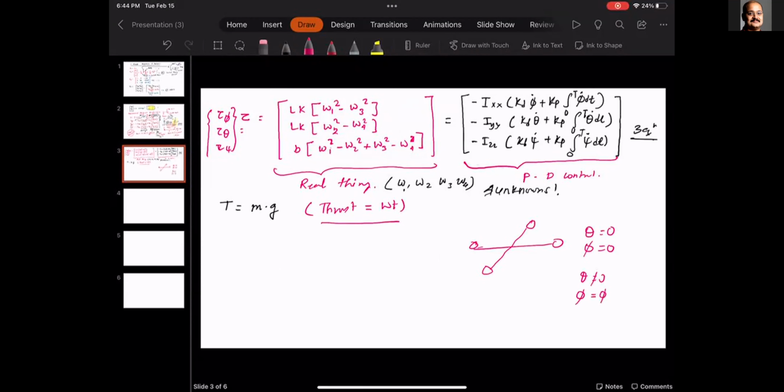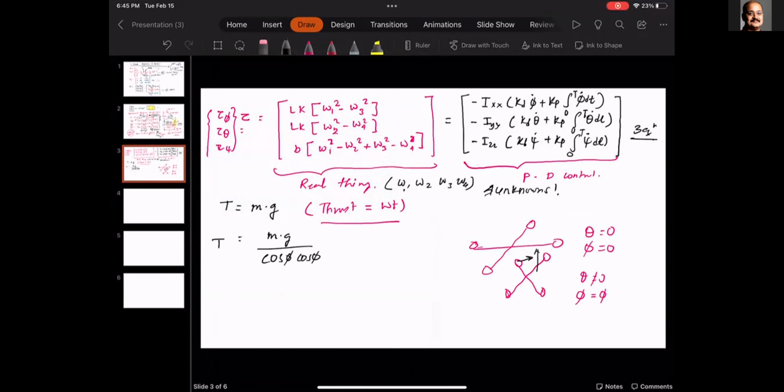Just to give you an example, the quad would be something like this. And the actual thrust is going to be in this direction, but we want thrust in the vertical direction. So essentially, this equation goes down to mg divided by cosine of theta cosine of phi is equal to thrust.